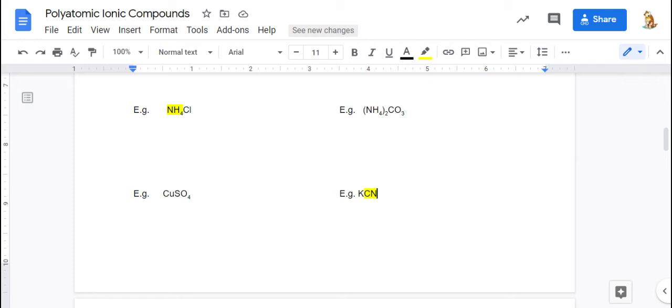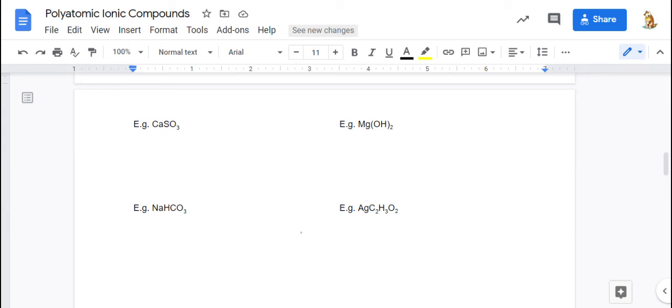So it's sort of a process of elimination. So this is potassium for the K. And then CN, 1 negative, is the cyanide ion. So this is potassium cyanide.